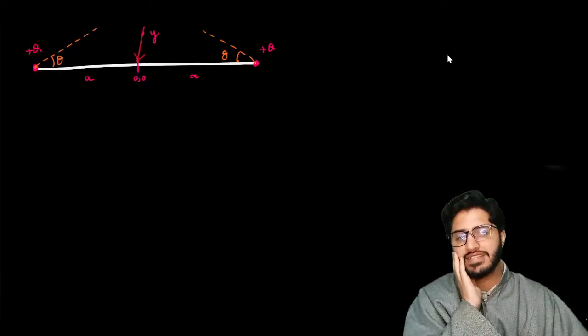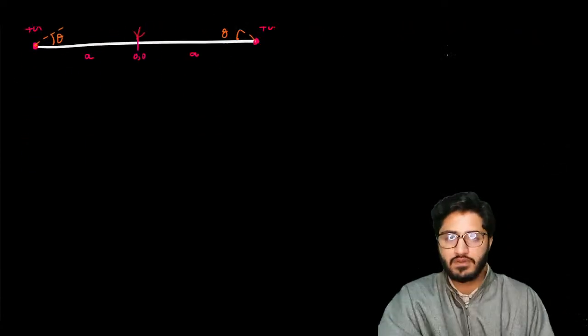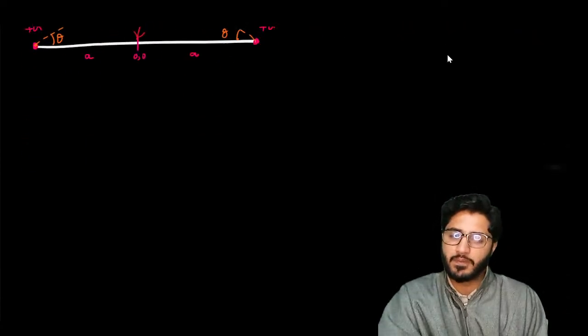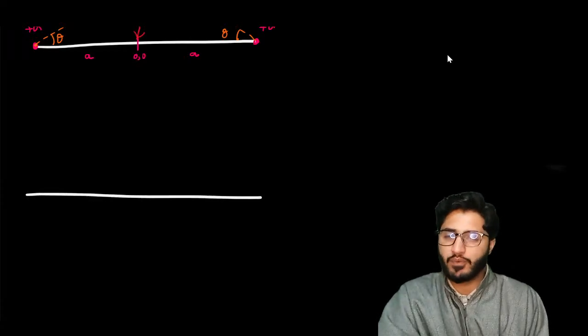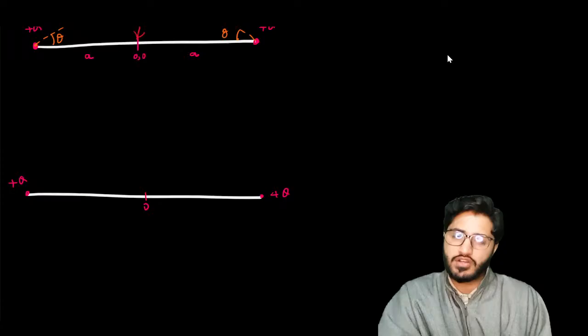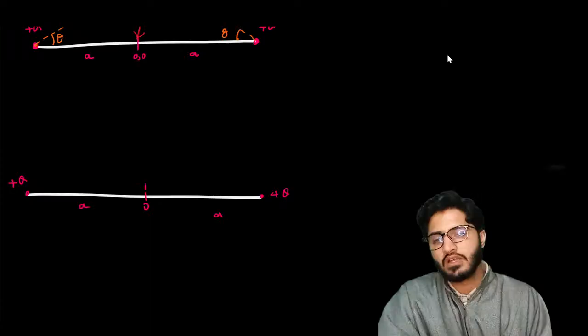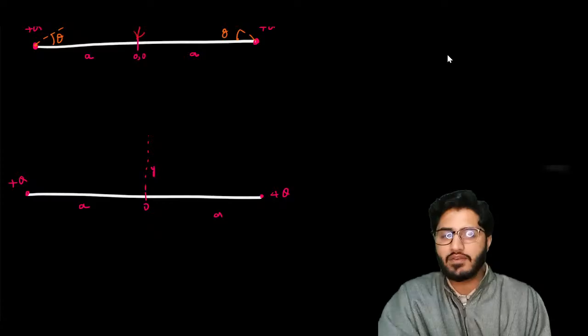Now, in my second case, look. In my second case, at this particular point I have plus Q, same, here I have plus Q. Origin 0, A. Now upwards here at Y, I have a charged particle minus Q naught. What will happen?